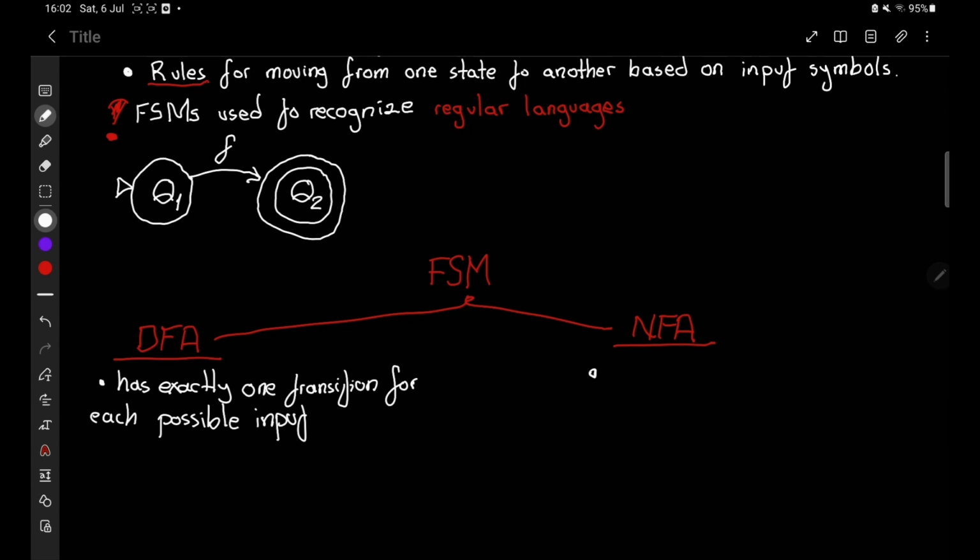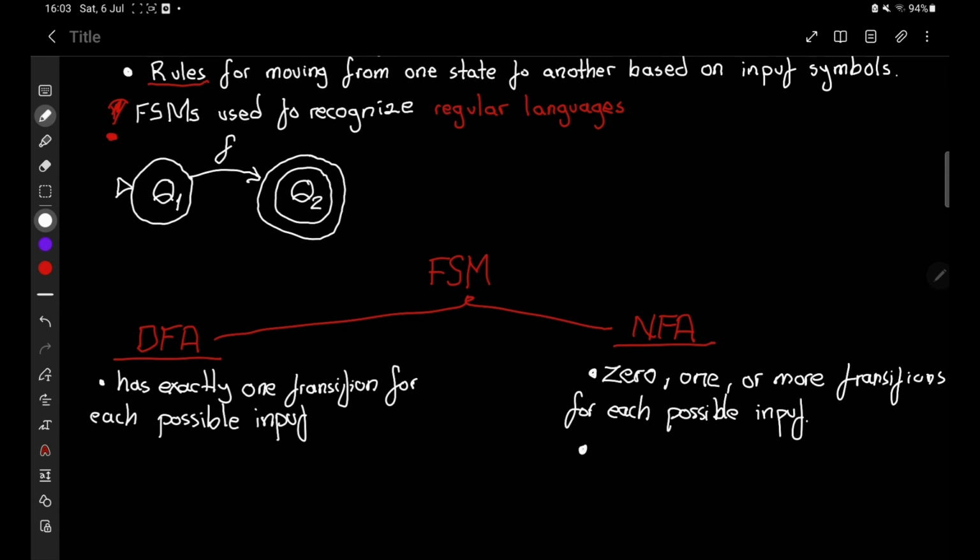On the other hand, an NFA is a finite state machine where each state can have 0, 1 or multiple transitions for each possible input symbol. Let's write it: 0, 1, or more transitions for each possible input.